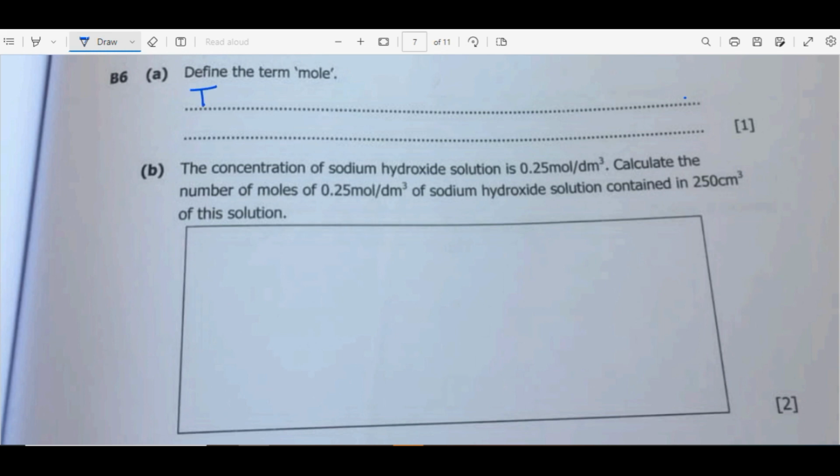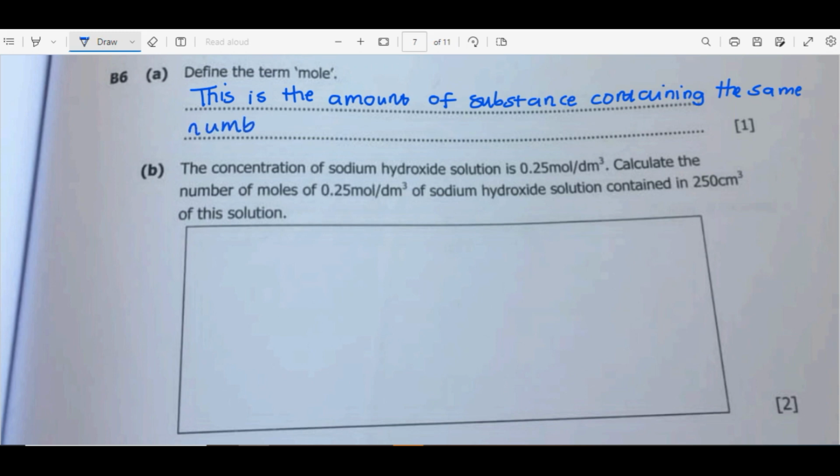We'll say this is the amount of substance containing the same number of molecules of, it can be atoms, ions, or radicals, as compared in 12 grams of carbon.